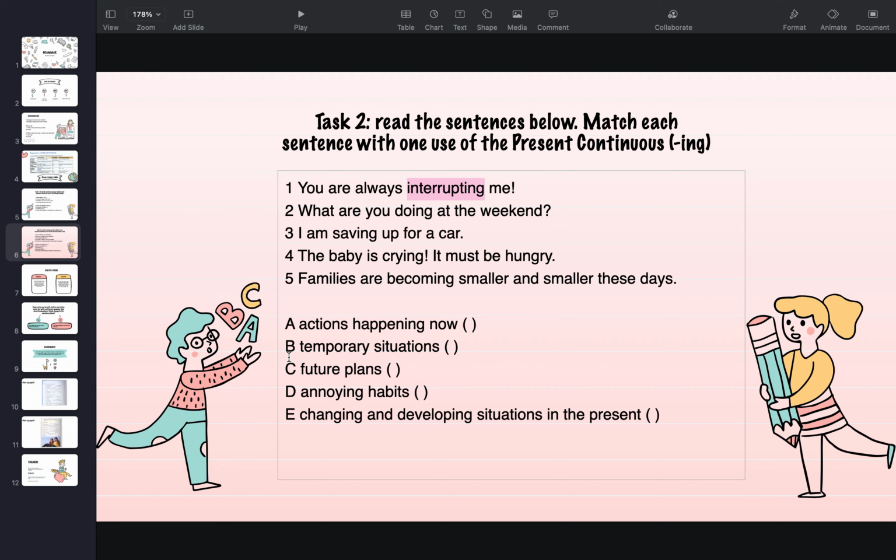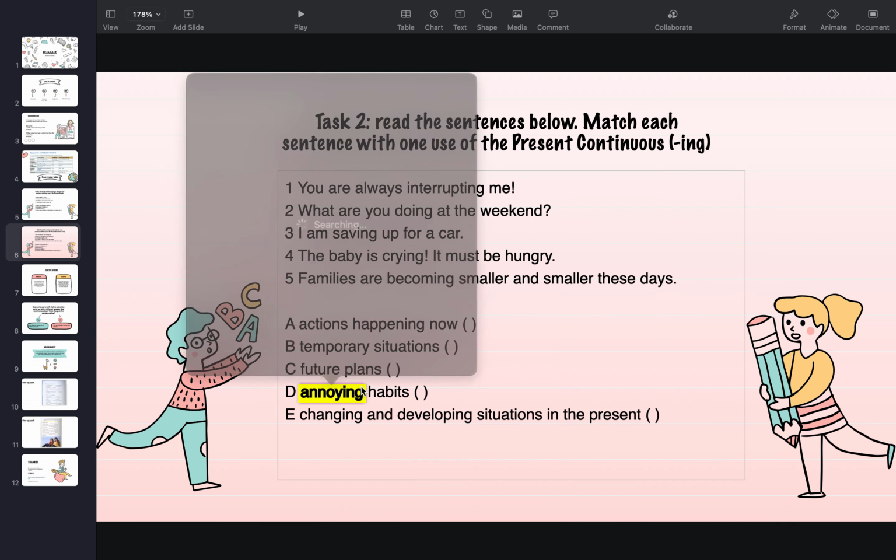So, which one is its use of the present continuous? Is it A, actions happening now, perbuatan yang berlaku sekarang? B, temporary situations, keadaan yang sementara? Future plans, rancangan untuk masa depan? Atau D, annoying habits, habits yang menjengkelkan, yang orang tak suka lah, annoying ni.